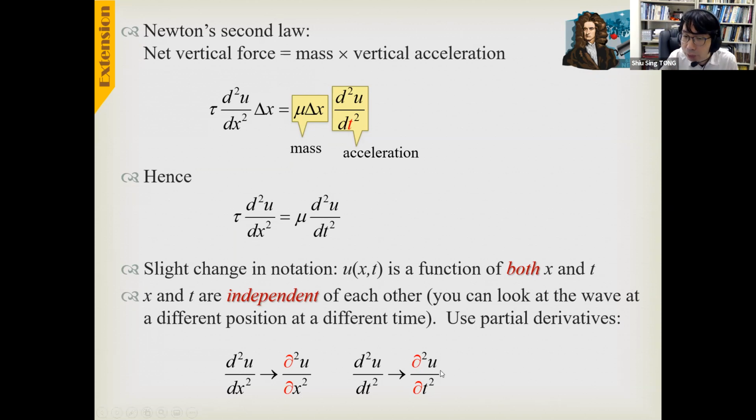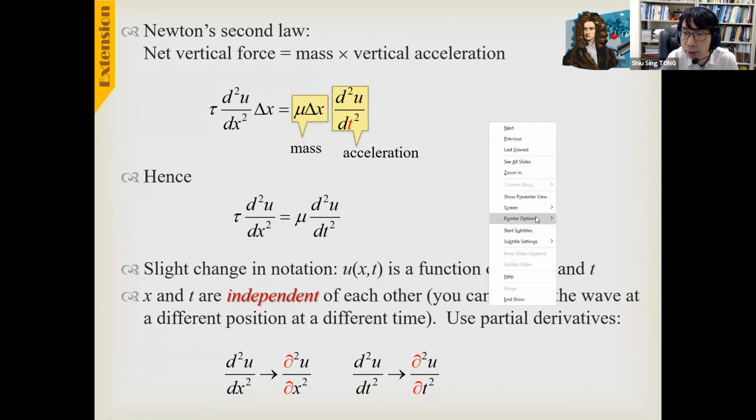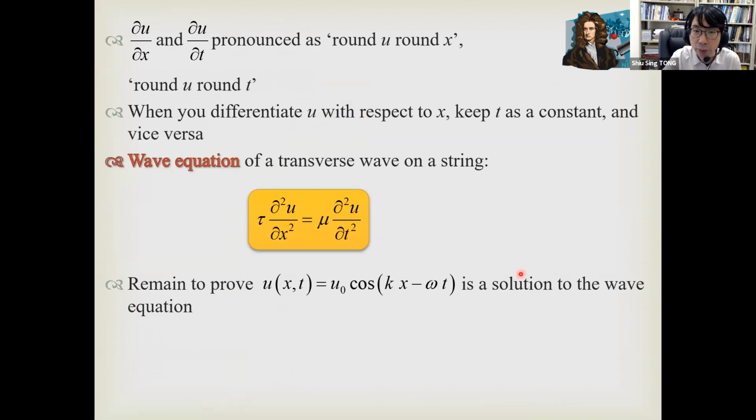Okay, so when I take the derivative with respect to time t, I just treat the x as a constant, which is independent of t. That is what the derivative means. So there's only a slight change in notation. And with this slight change in notation, we can now write down the wave equation. So the wave equation can be written as this.